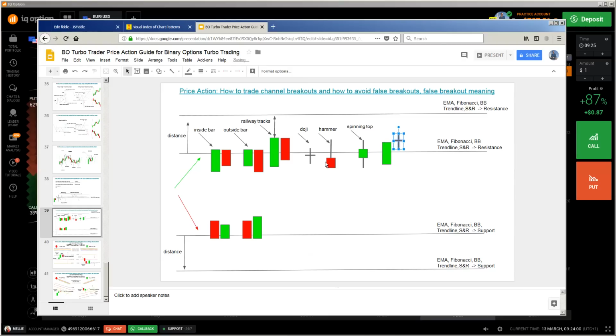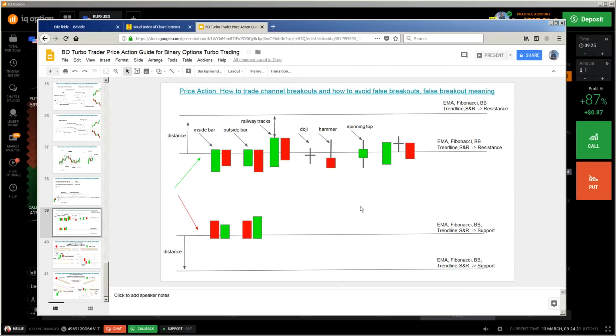And then you think it will be a continuation, because this candlestick got rejected from this one, and then the fake breakout does something else. It does an evening star, yes, this one, because it was only a fake breakout.